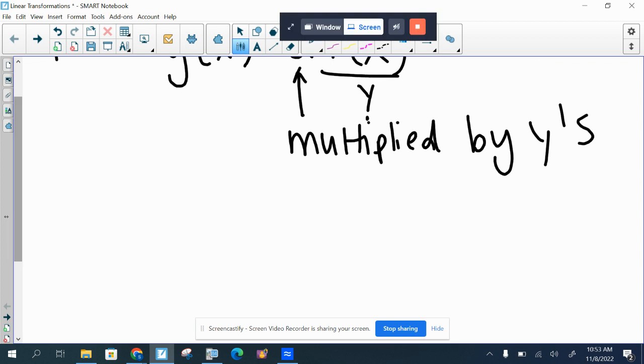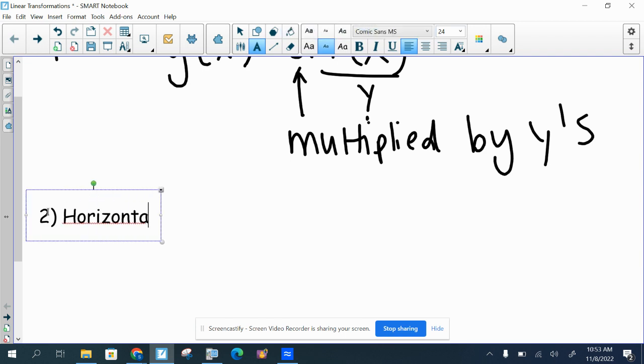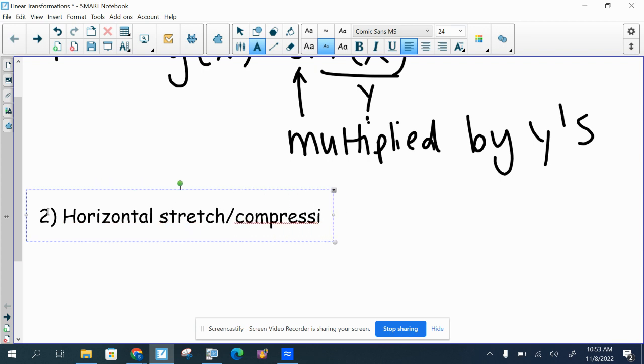So at the front page of your notes, halfway, we'll start today's notes. Type 2 is a horizontal stretch or compression.